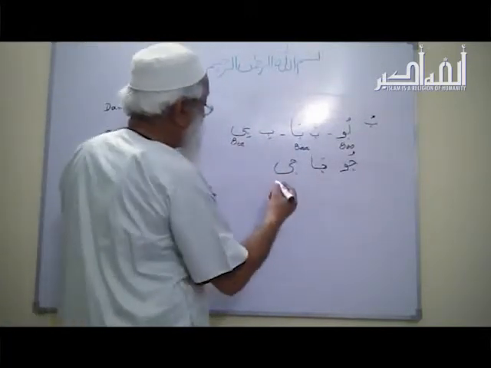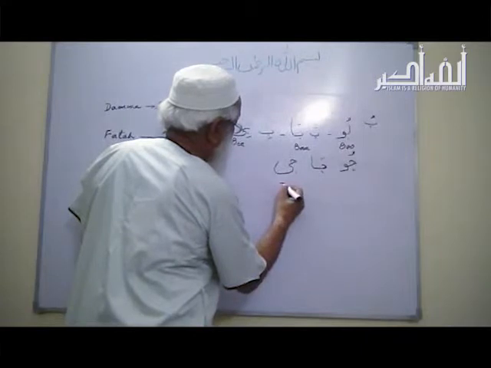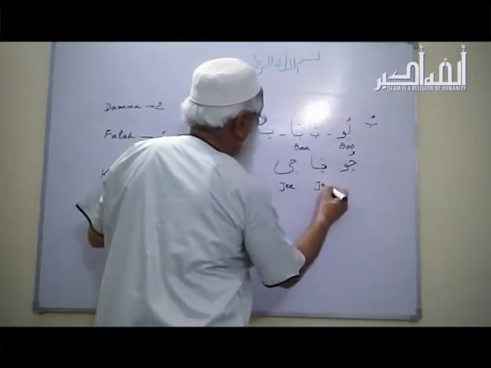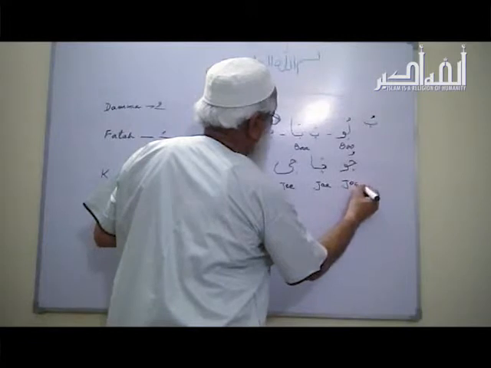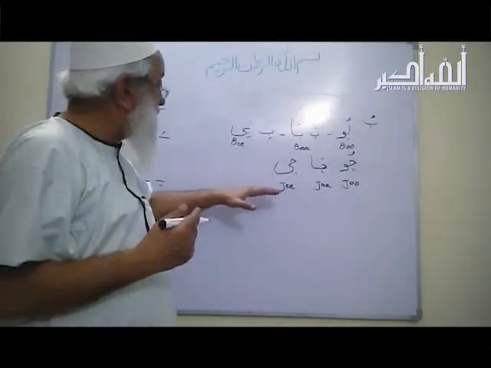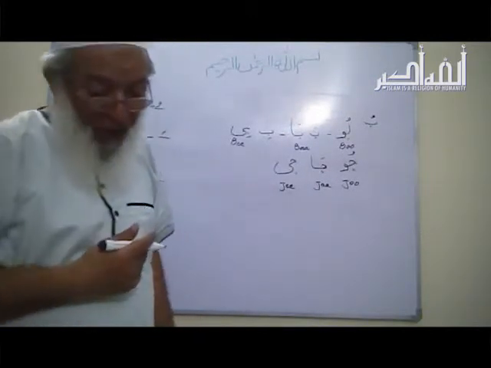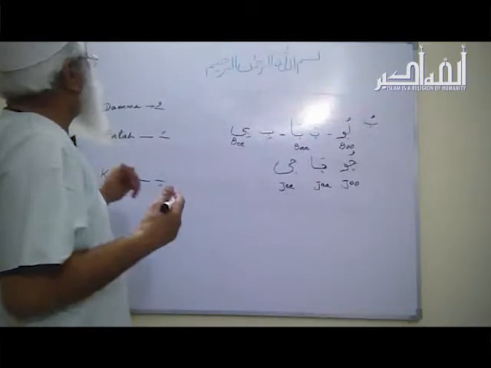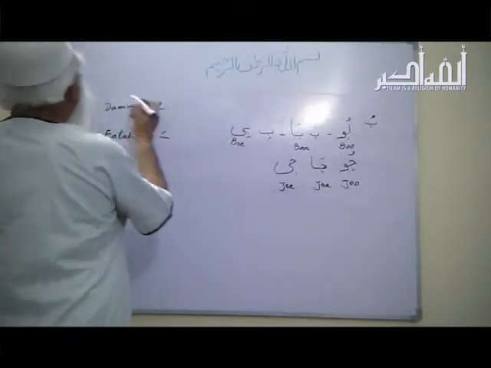Similarly here it is G. Here it is Ja. Here it is Jo. So in this way we can prolong the sound of these tanween vowels. Actually, I forgot to tell you that in English we call this tanween.